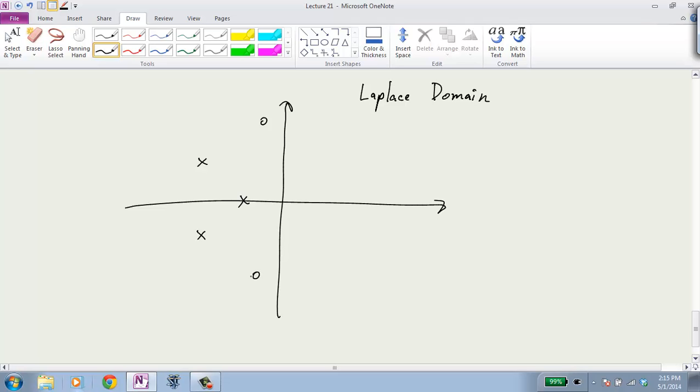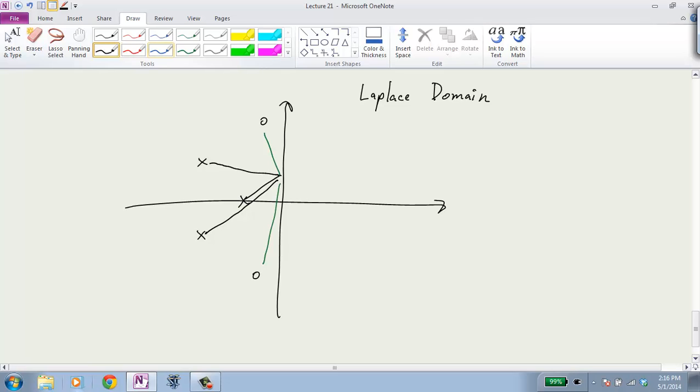Okay, and let's say I have some zeros here. Now, aside from knowing it's stable, I might also like to know what's the frequency response of the system. So I would go calculate the value of the Fourier transform. Now, we know that the magnitude of any point in a rational function is the distance to the zeros divided by the distance to the poles. Right? We derived that earlier. So just by eye, if you didn't care to be precise, you could get some sense of how this Fourier transform is going to behave, how the magnitude will behave.